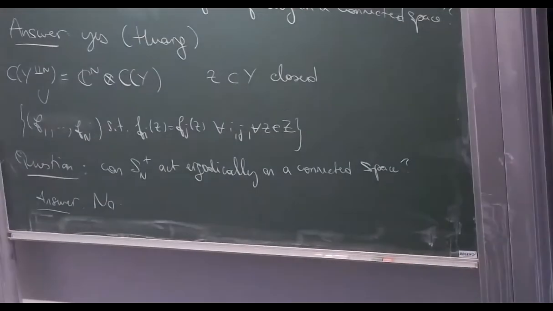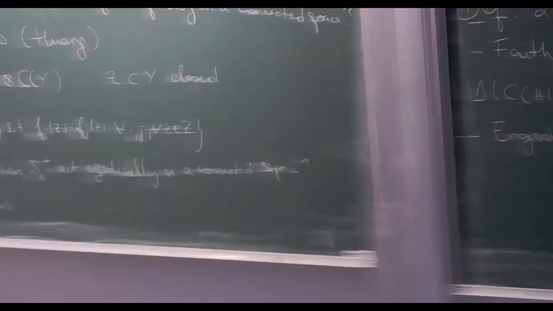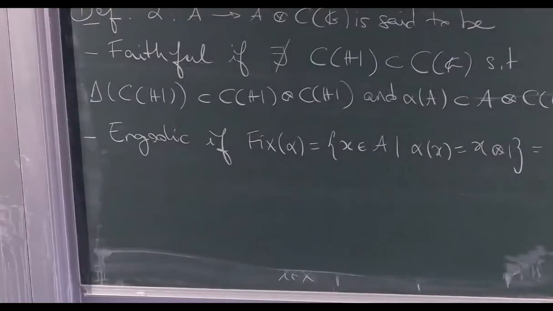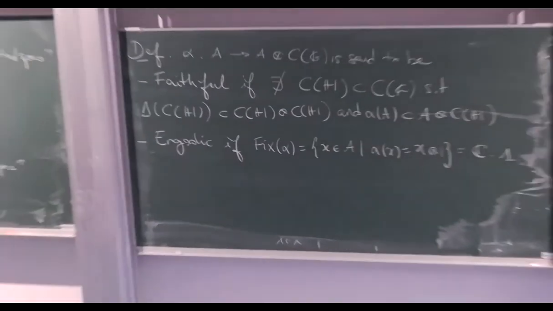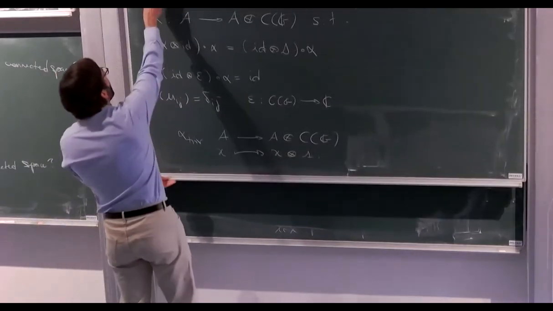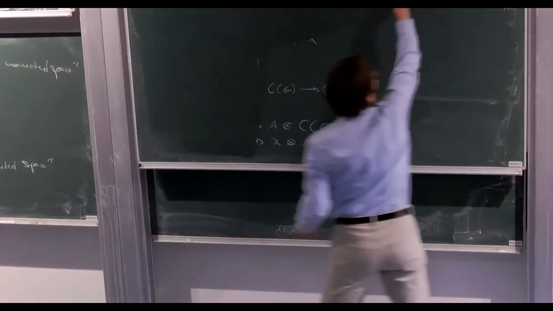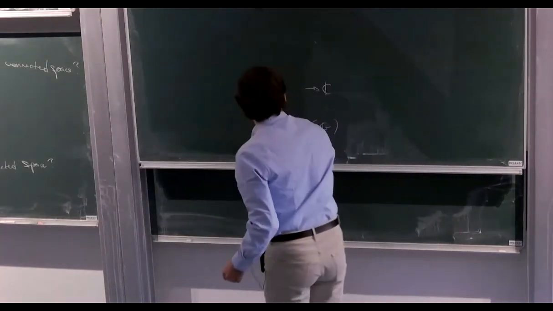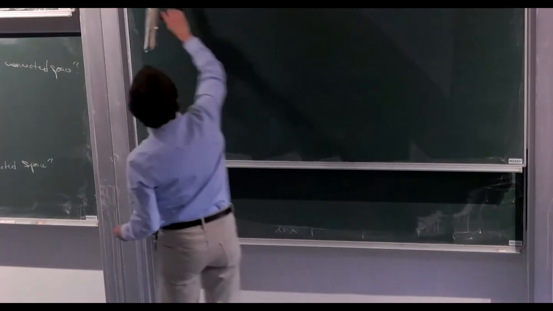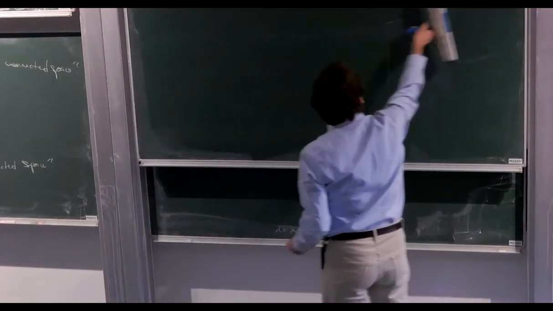So how do we prove this? Well, we can't really use the usual tools for that because we have no structure at all. Right? We're taking just an arbitrary space and we act on it. So we're going to use a different point of view. And we're going to go through some categorical machinery to understand what's going on. So what I mean by this is that compact quantum groups can be described in several different ways.